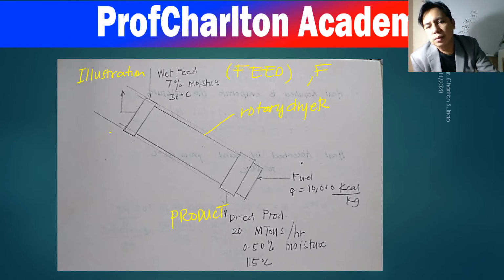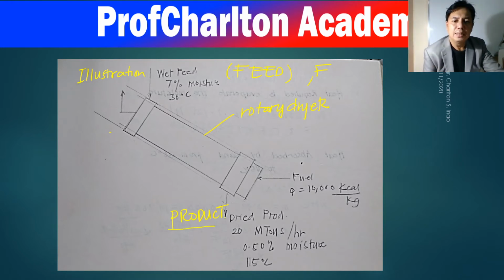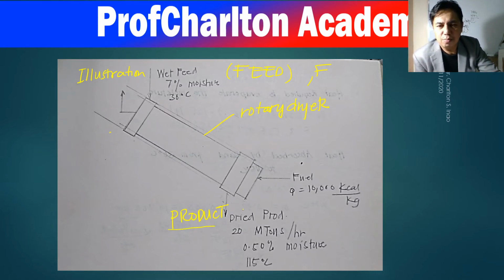What is being produced here is a dried product or material that has less moisture content. This portion here is the feed. And what kind of feed? I want to emphasize this is wet feed. So here there's an arrow, and of course there's an arrow here, the discharge product.